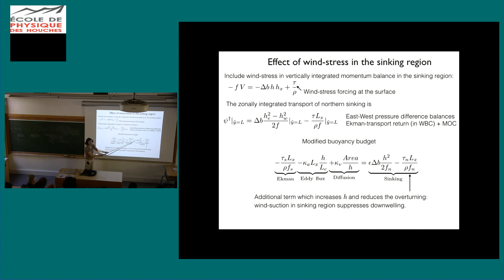So there's a factor, but if you assume that it outcrops on the western boundary, which is sort of the idea in people's mind, then this is zero, but you know, hand waving. But regardless of the epsilon, I think the prediction that you get because of these terms, a bigger h and less sinking, is a good prediction, is robust.